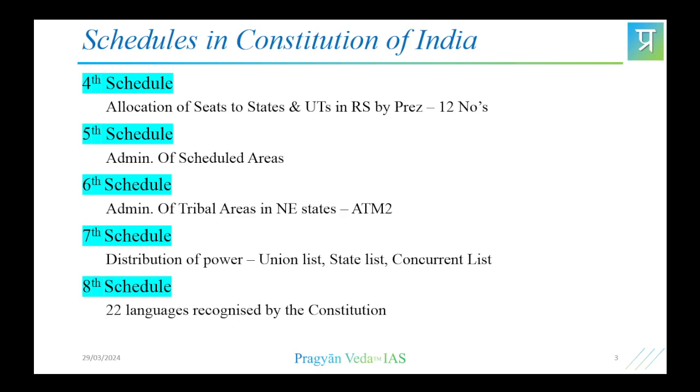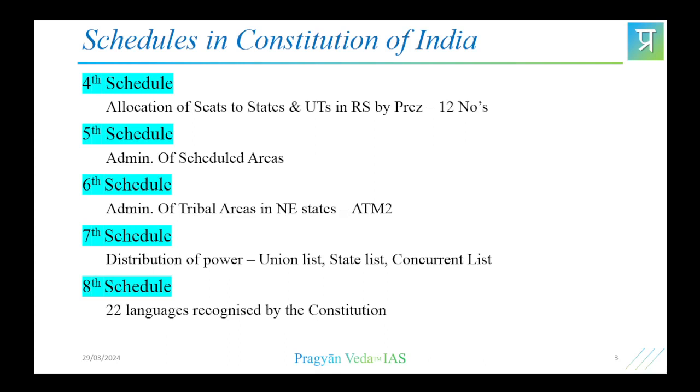They have appeared in earlier previous years' questions also. In the 8th schedule, we have the 22 languages which are officially recognized by the Constitution. We have various languages at the pan-India level of various states like Kannada, Marathi, Hindi, Telugu, which have clear distinction.